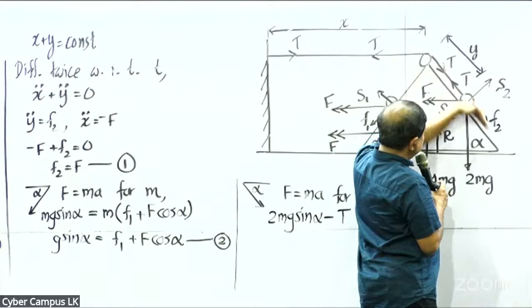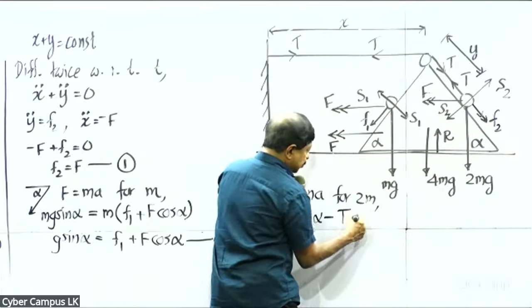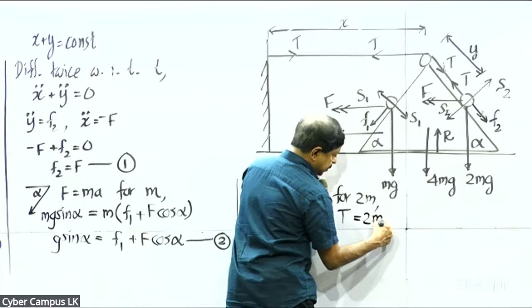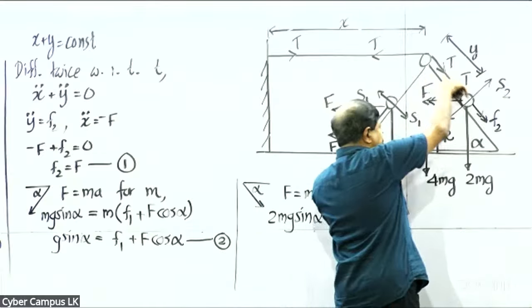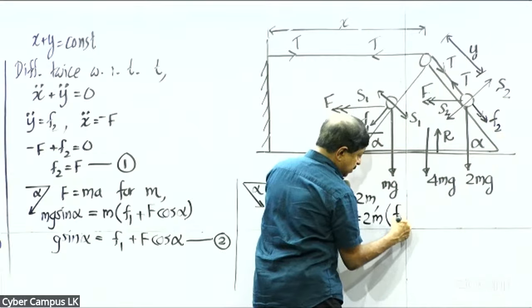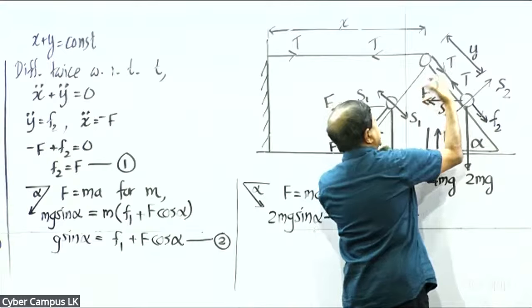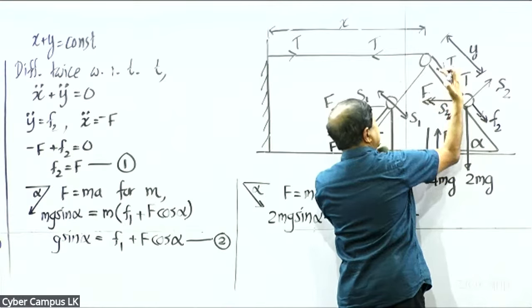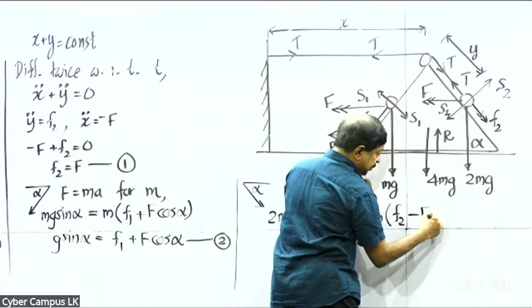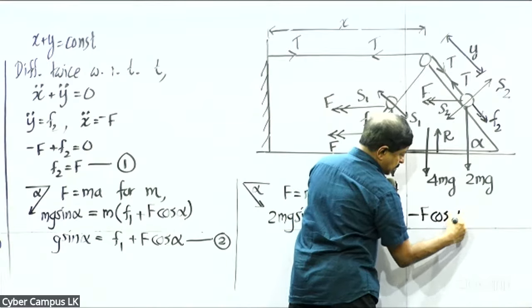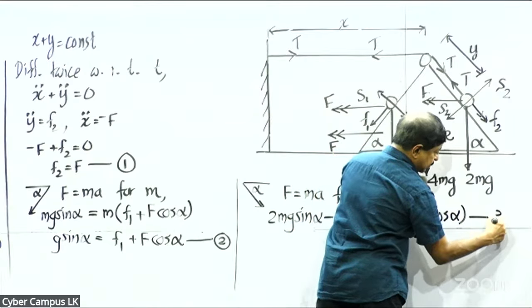Now you are applying the equation in this way. So it's equal to 2m times F2 in this direction, minus, when you resolve it, this angle is alpha, so capital F cos alpha in the opposite direction. So that is equation 3.